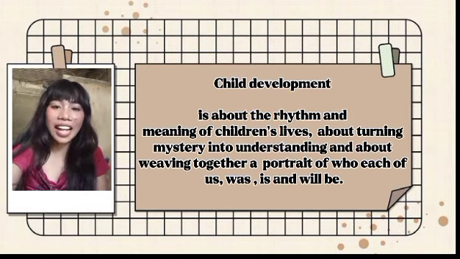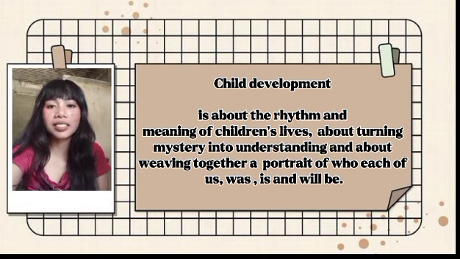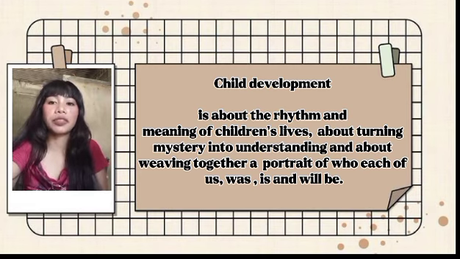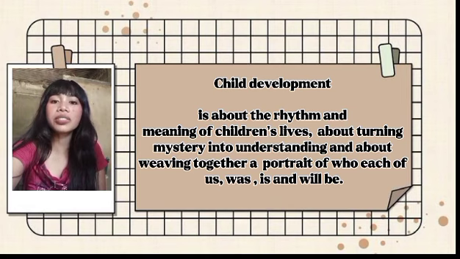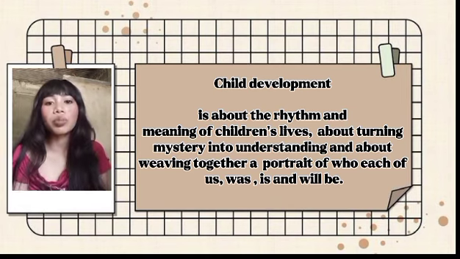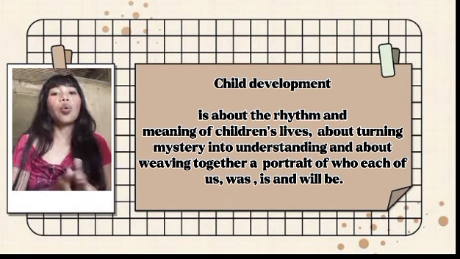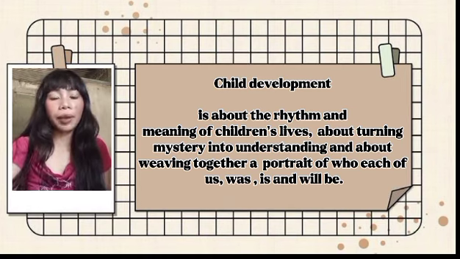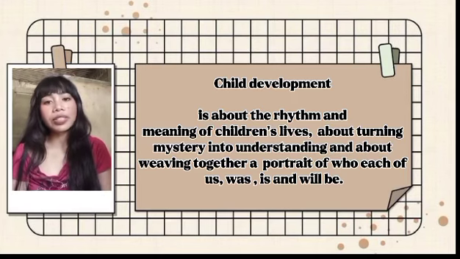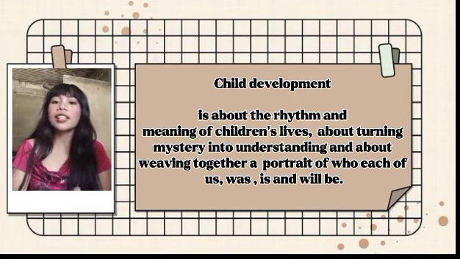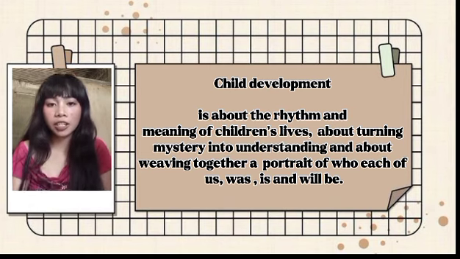Today I'm going to discuss child development, which is about the rhythm and meaning of children's lives, about turning mystery into understanding, and about weaving together a portrait of who each of us was, is, and will be. The modern era of studying children has a history that spans a little more than a century.